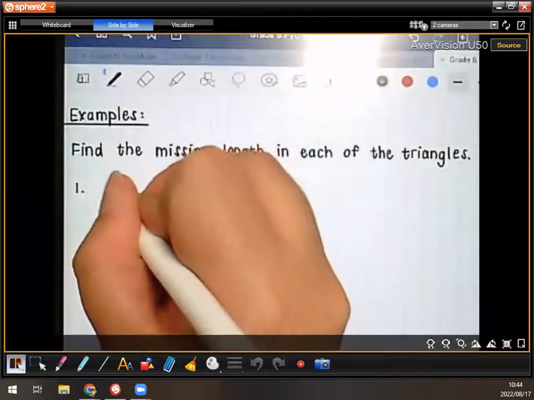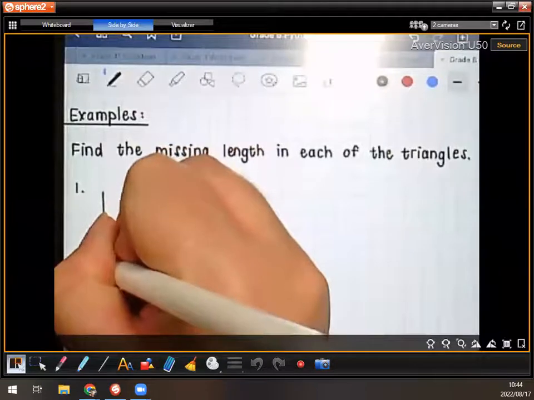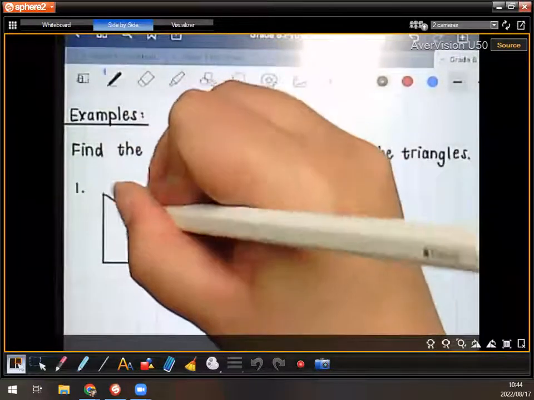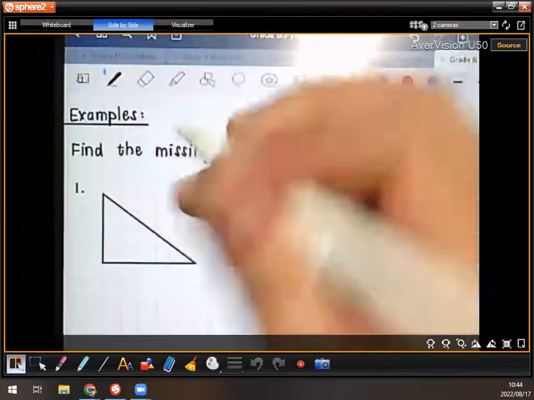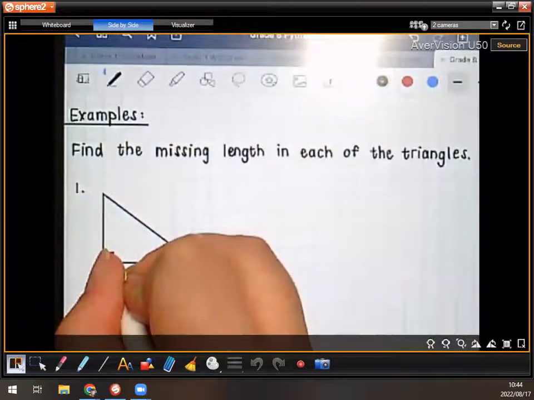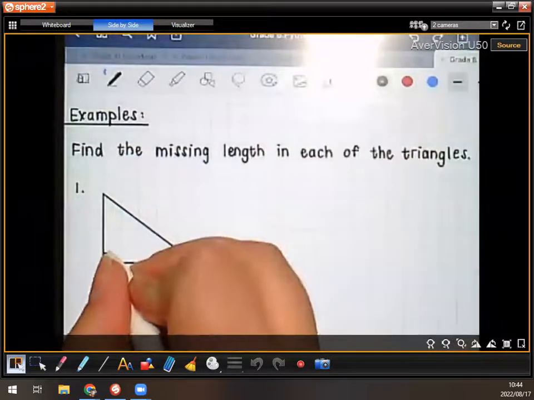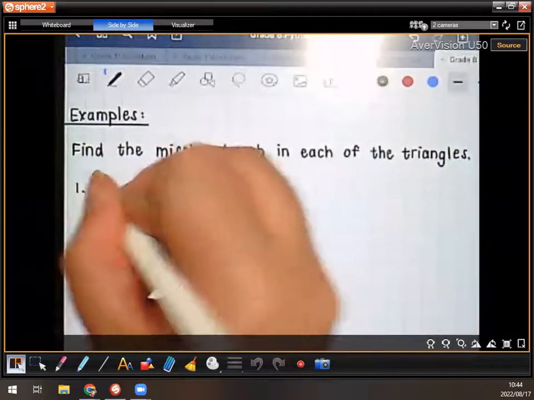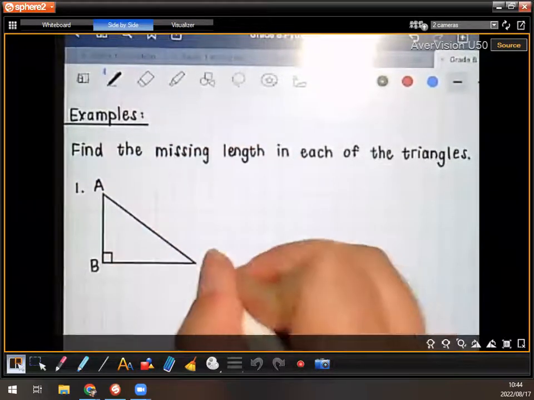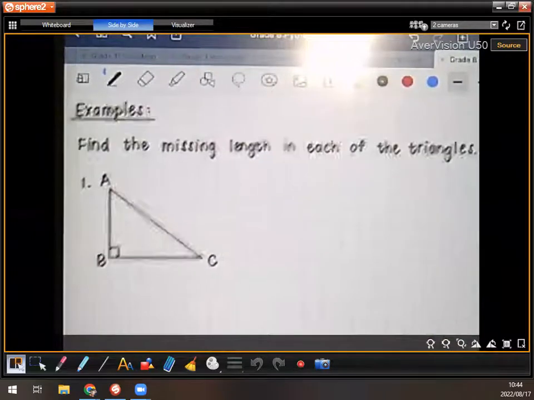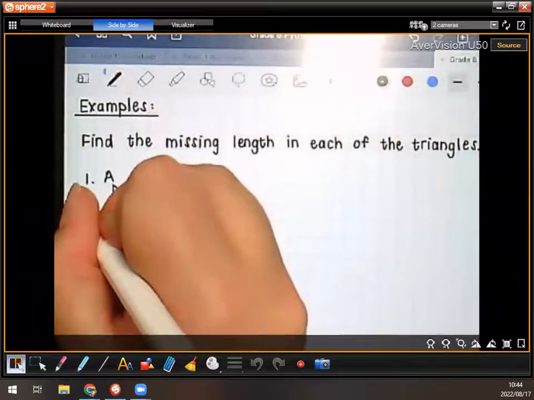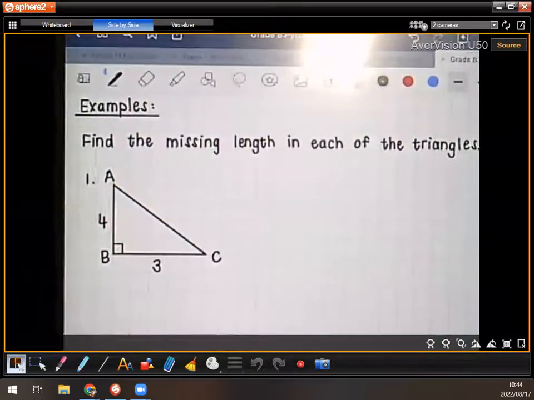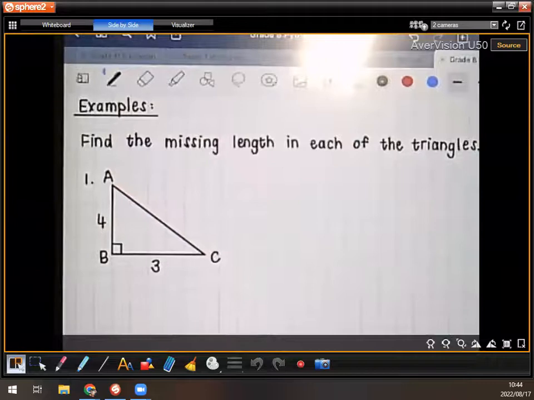Okay, example one. Sorry guys, we are going to have to draw a few triangles now. My apologies. You can just use your ruler and draw one. Then you can put in the 4 and the 3.